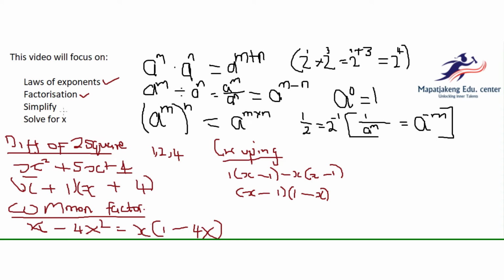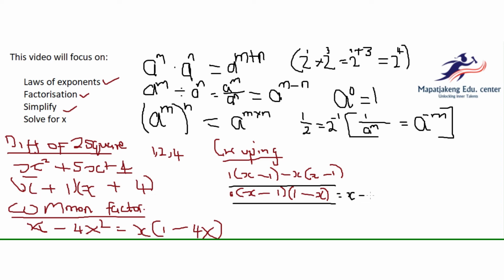Simplifying is just multiplying and dividing, multiplying the signs. Don't forget to multiply the signs and the numbers, and finish up with the variable. For instance, let's simplify this after factorizing it. x times 1 is positive x. Then x times negative x is going to be negative, because this one is positive and this one is negative.